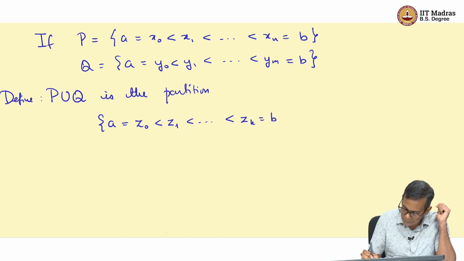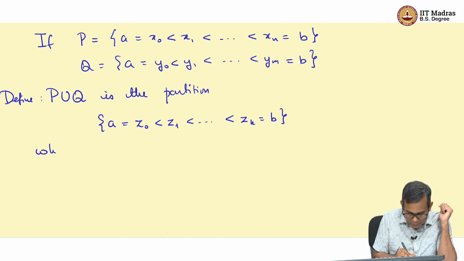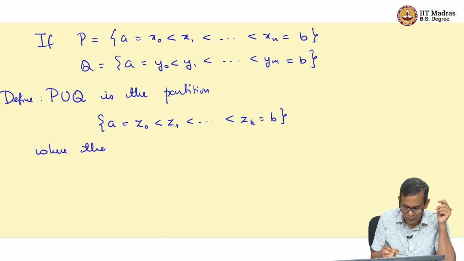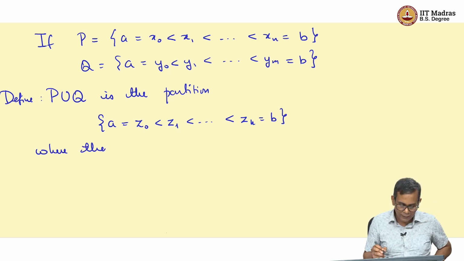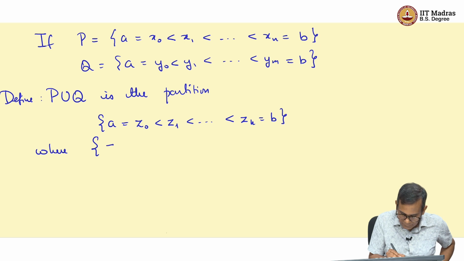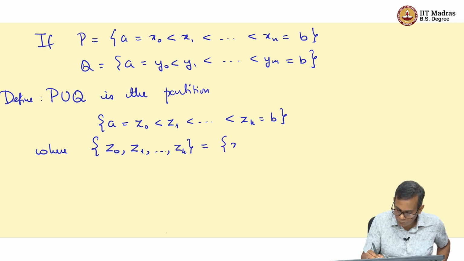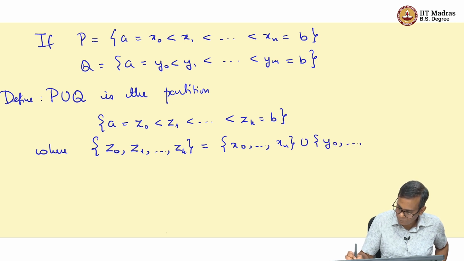Namely z_0 less than z_1 less than ... less than z_k, where z_k is equal to b, where the set of points where you subdivide, the set z_0, z_1, ..., z_k, is just the union of x_0, ..., x_n and y_0, ..., y_m.